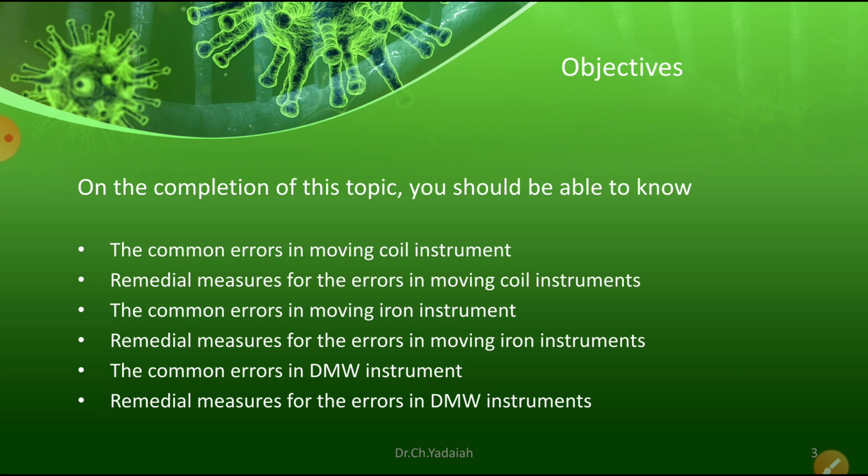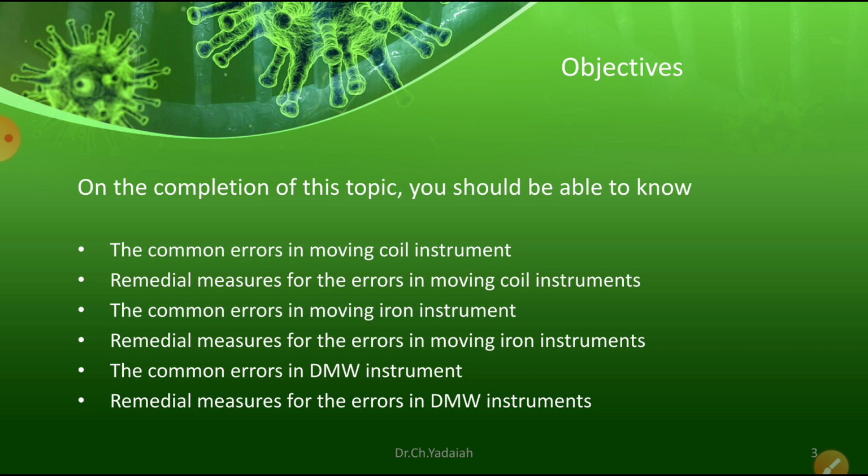At the same time, there is the frictional error also. This whole arrangement is placed on a spindle, and the spindle is placed on a pivot. The pivot initially is okay. After some aging, roughness may take place. There is a frictional error between the bearings and pivots, and due to this, a sluggish operation may take place.